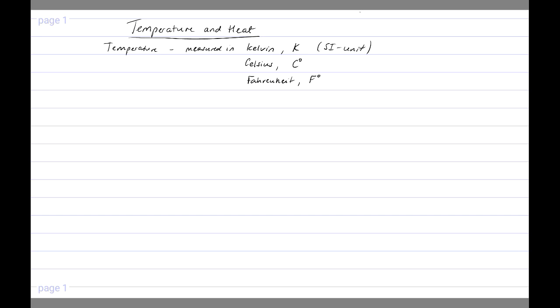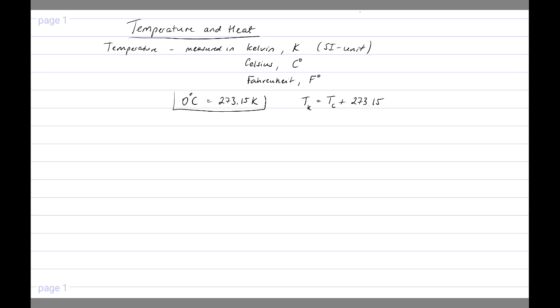So for instance, 0 degrees Celsius corresponds to 273.15 Kelvin. So this is the conversion between Celsius and Kelvin. So we can say that temperature in Kelvin is temperature in Celsius plus 273.15.